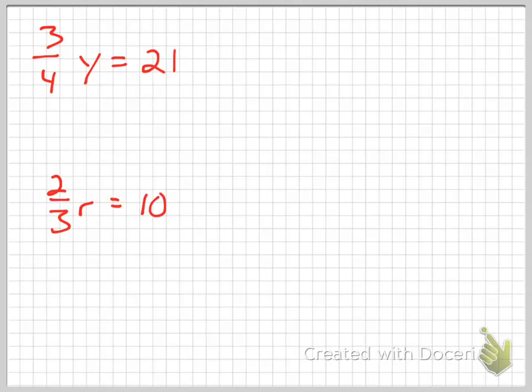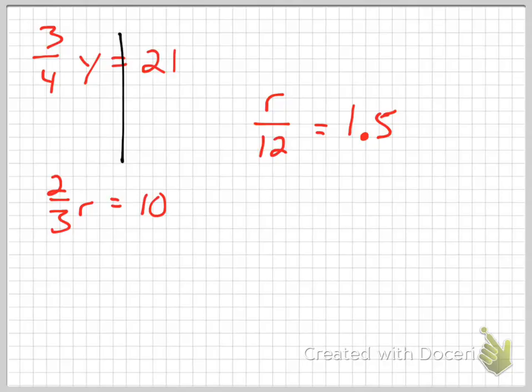And then we'll do one last one. R over 12 equals 1.5. Nothing changes just because things get ugly. Do them. All right, first step, line on the equal sign.